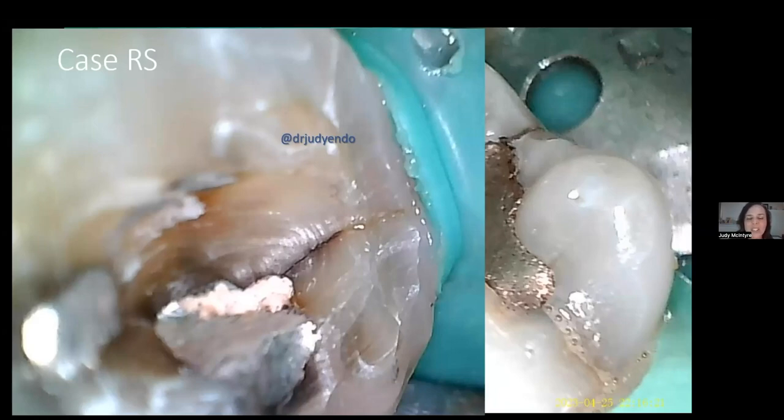That liner doesn't have the same flexural strength. So when we put massive amounts of liner under any restoration, after that tooth is restored and used, it doesn't have the same flexural strength or integrity. And the thicker your liner is placed, the more that tooth is going to flex underneath.